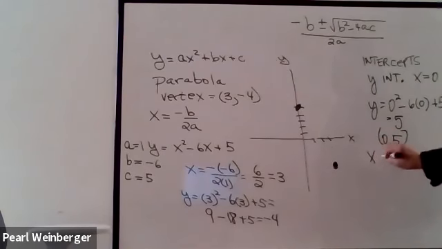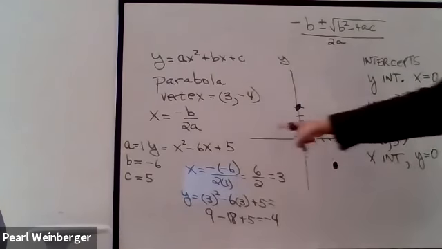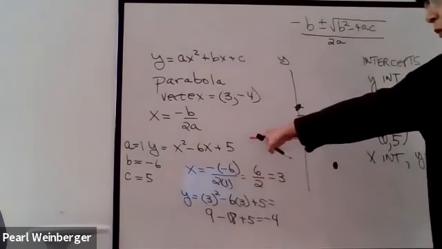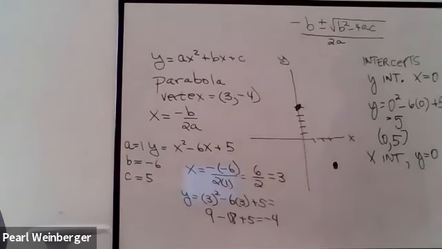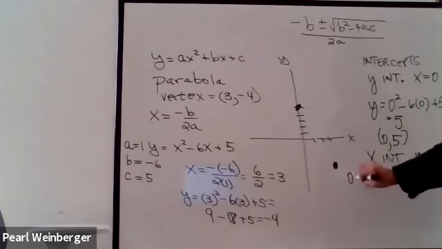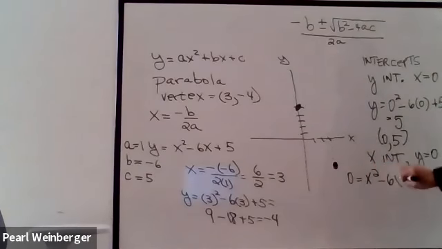How do we find the x-intercept? Well, similarly, we set the y equal to 0, which means over here, instead of getting y equals x squared minus 6x plus 5, I'll get 0 equals x squared minus 6x plus 5. This happens to factor because if you notice, the AC is 1 times 5, which is 5, and the B is negative 6.